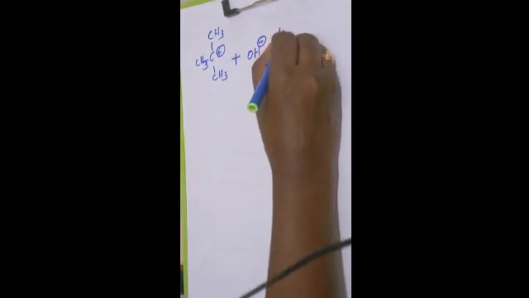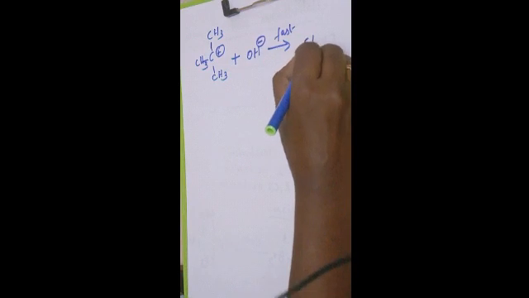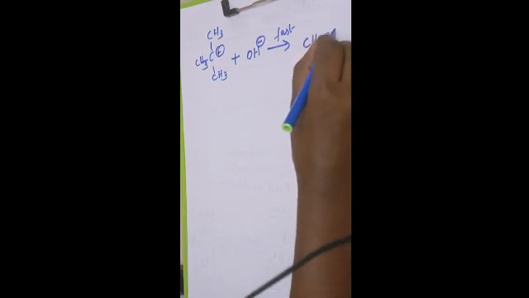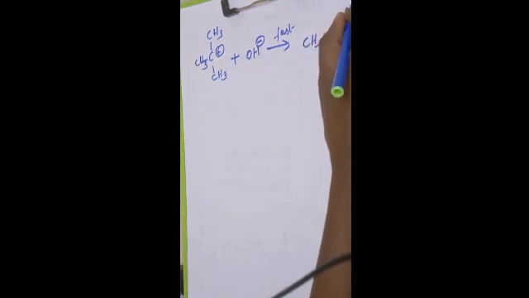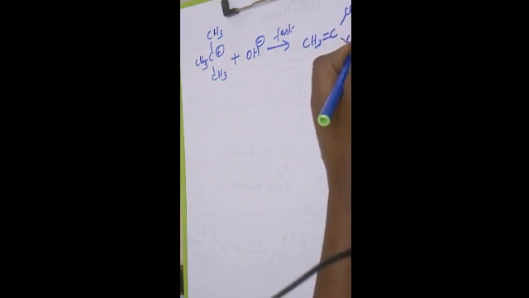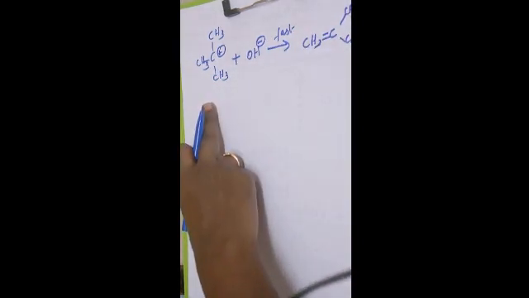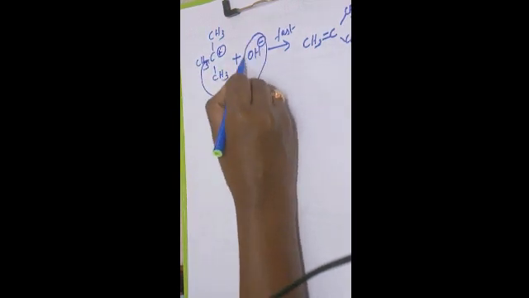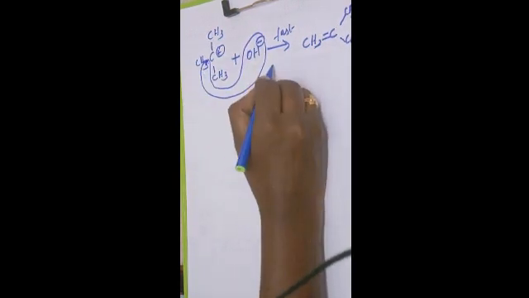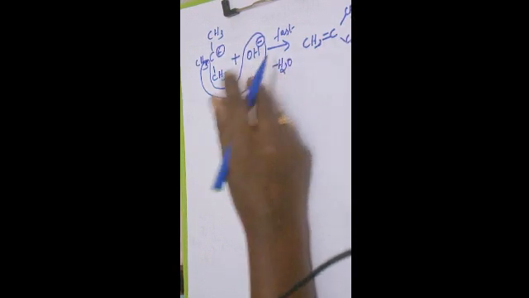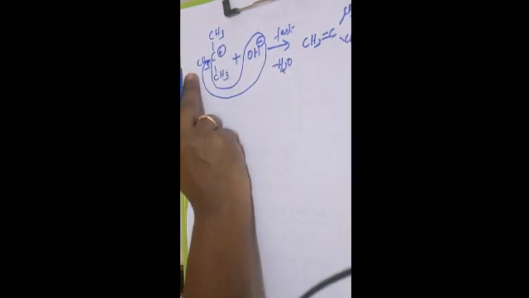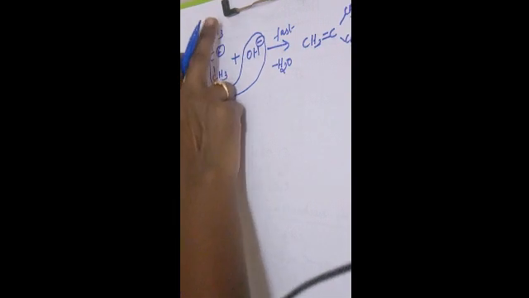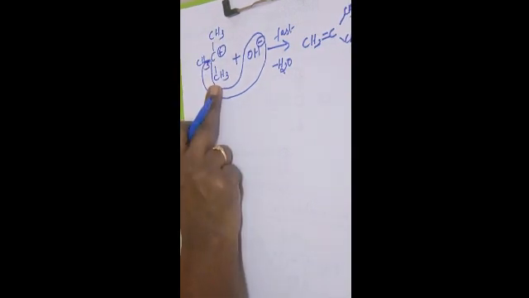We get CH2=C(CH3)2, with the removal of a proton from this carbon by the base, and the double bond forms as CH2=C(CH3)2.